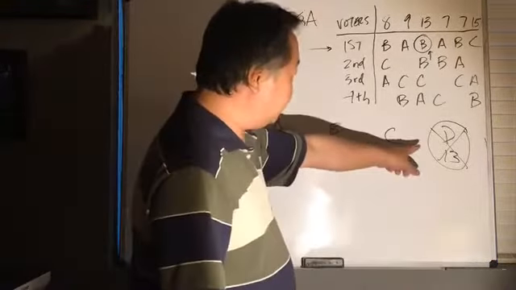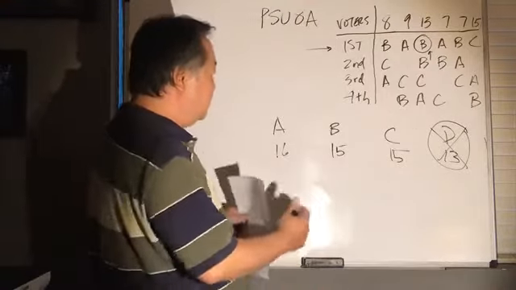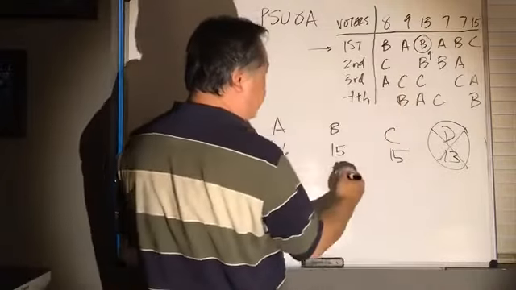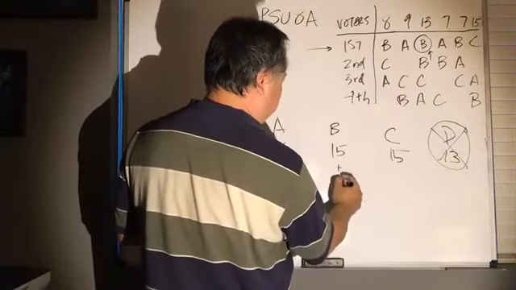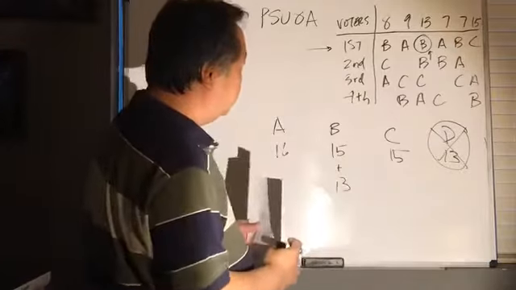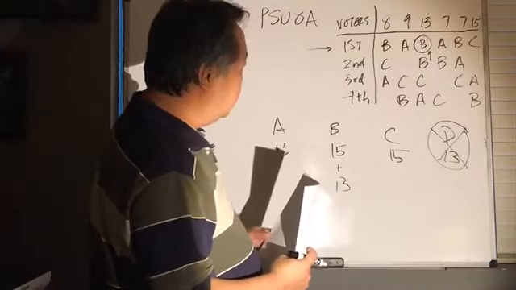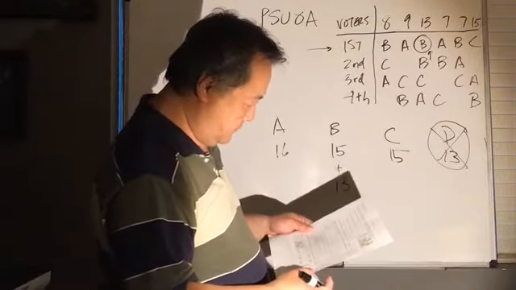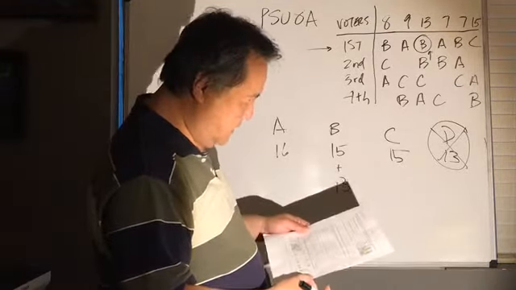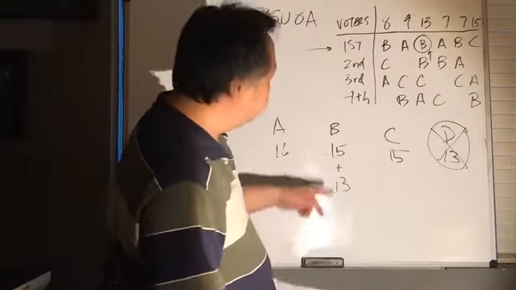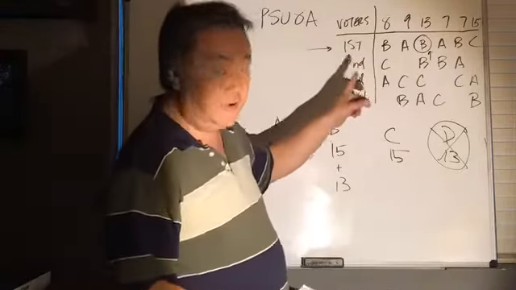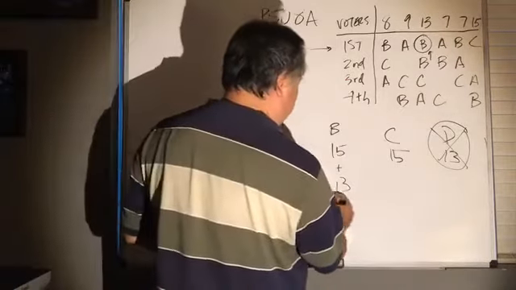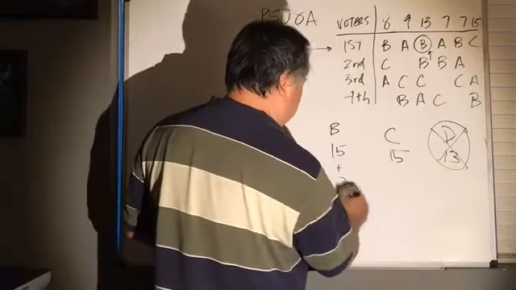Okay, so after the first round, D is out, but B got the 13 votes when it moved up to the top. All right, and there's no change in A or C. Now, it is over if 15 plus 13, which is 28, captures the majority.